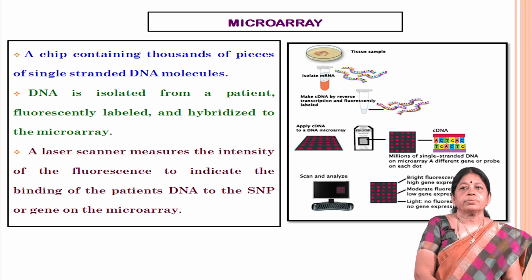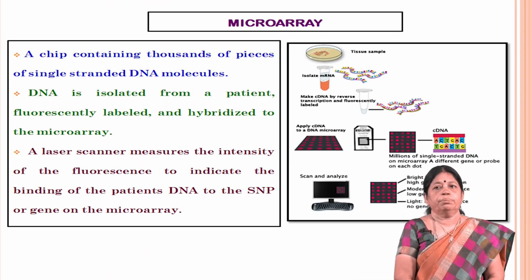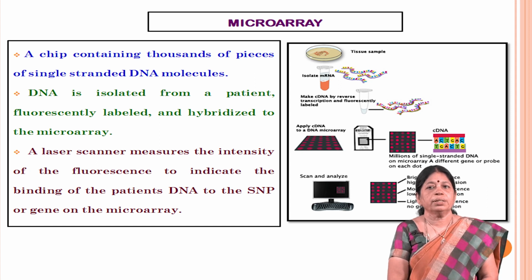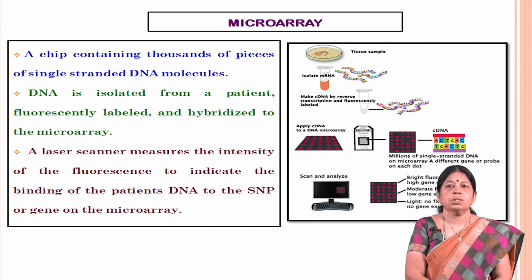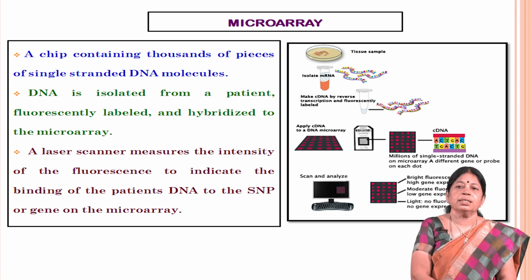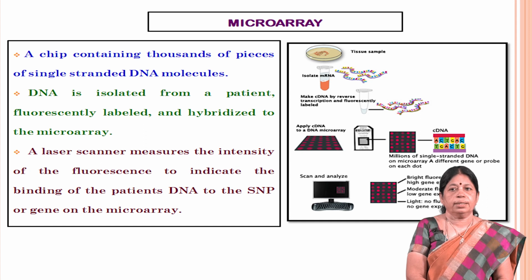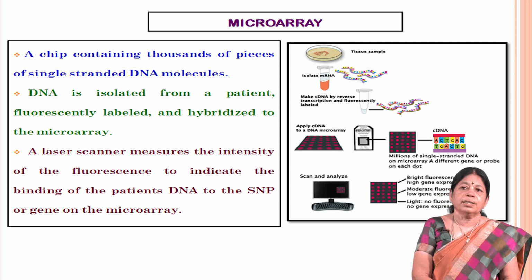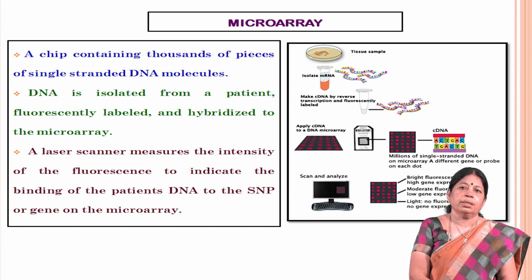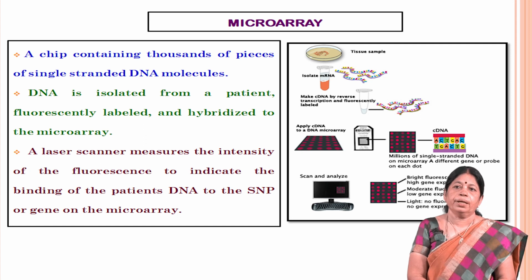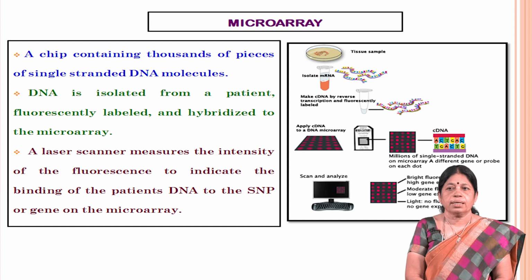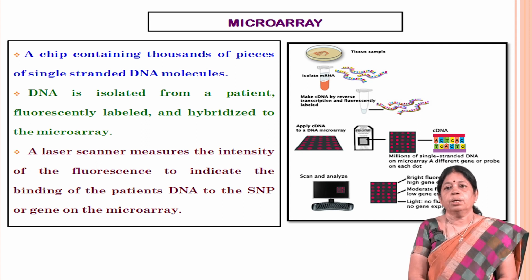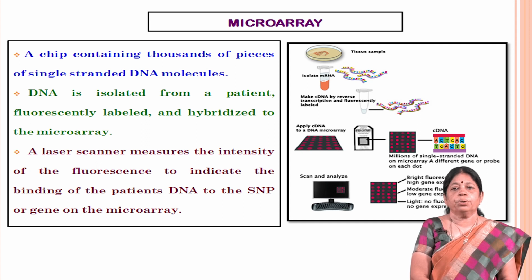So coming to the chip microarray, this is nothing but a chip having thousands of pieces of single stranded DNA molecules. Usually when you take a DNA, it is in a double stranded structure, but we are making a chip having single stranded DNA molecules, and this is isolated from a patient, fluorescently labeled and hybridized to the microarray.